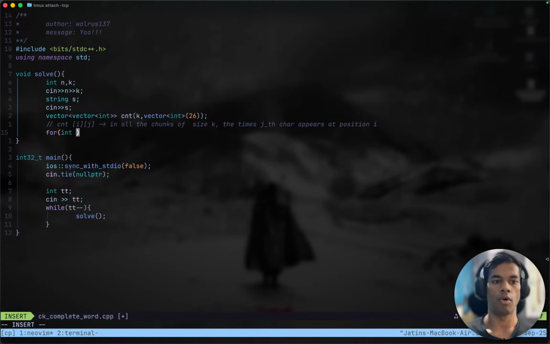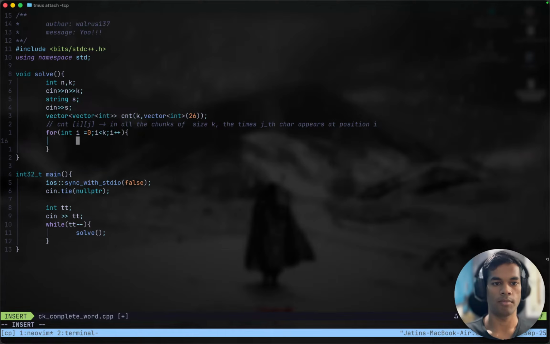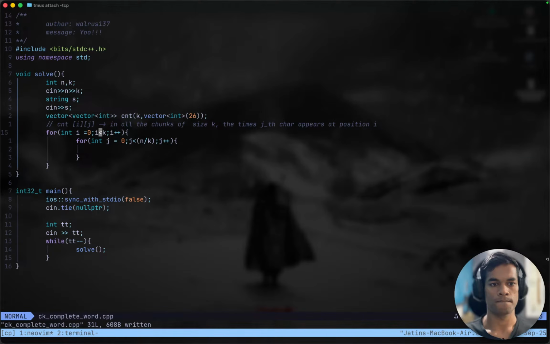So for int I equals 0, I less than K, I plus plus. For int j equals 0, j less than n by K, j plus plus. Why this?